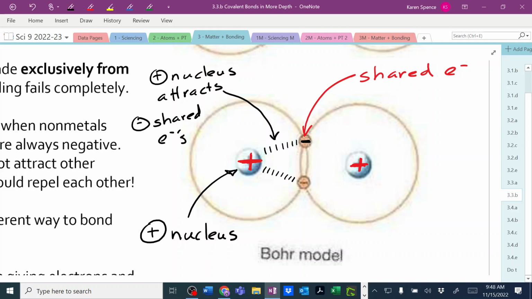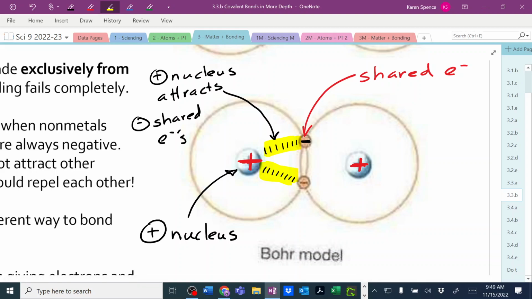Could I draw more attractive forces on this diagram? Probably. Where would those attractive forces go? Tell your partner, show them on their diagram where those attractive forces would go. So I've drawn some here and here. Where else could we draw attractive forces?